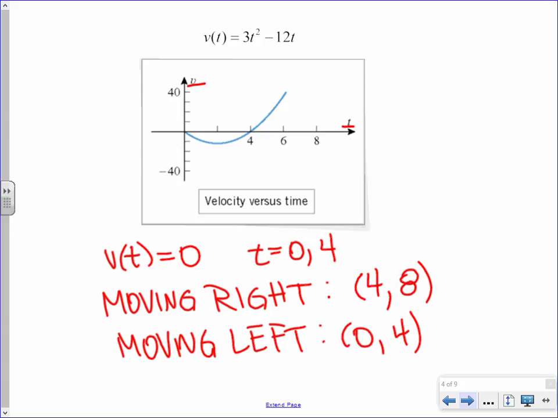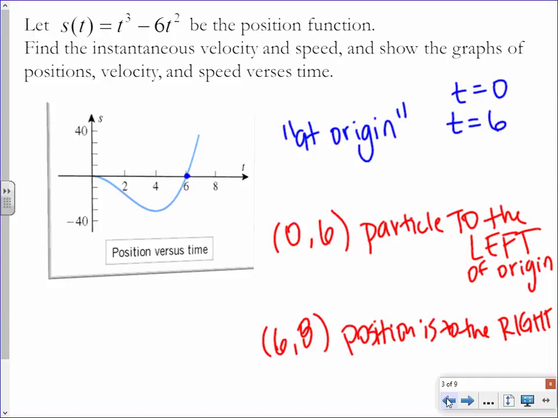Now, what I want to do is go back to that graph, the position time graph. Here's our position time graph. Could we tell from here when it was moving right and left? Yeah, it's decreasing.